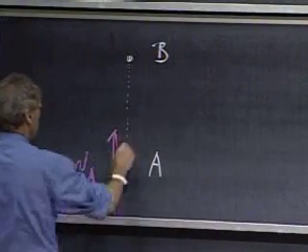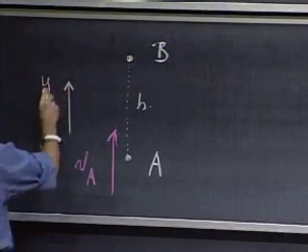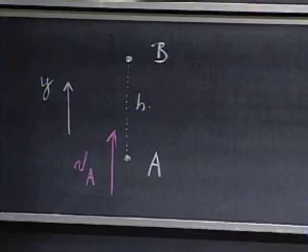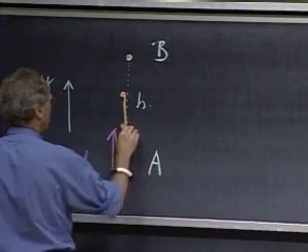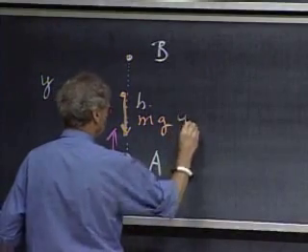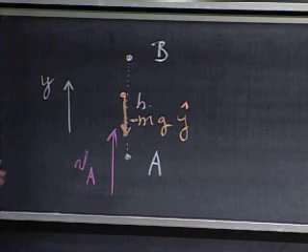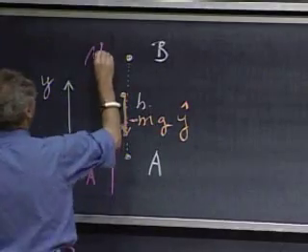And let the separation be h, and this could be my increasing y direction. The object has a mass m, and so there is a gravitational force, which is mg, and if I want to give it a vector notation, it's mg y-hat, with minus sign. This is my increasing value of y. When it reaches point B, it comes to a halt.